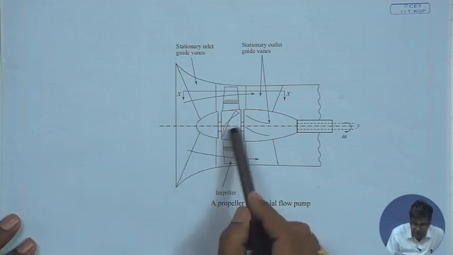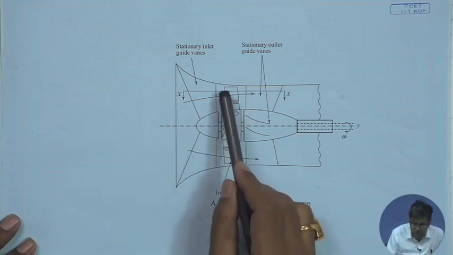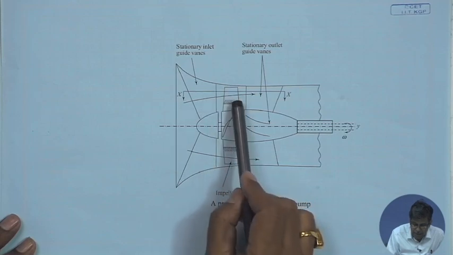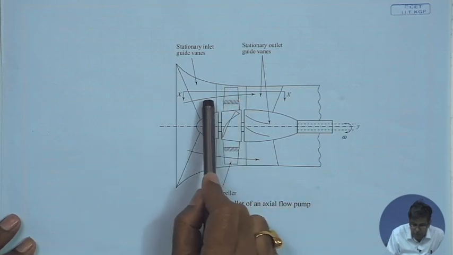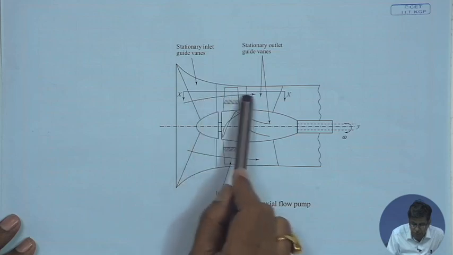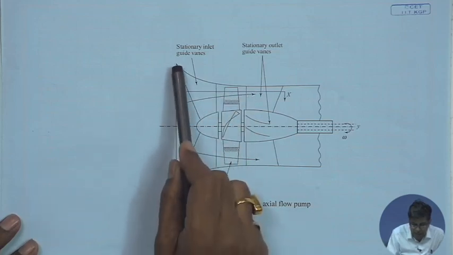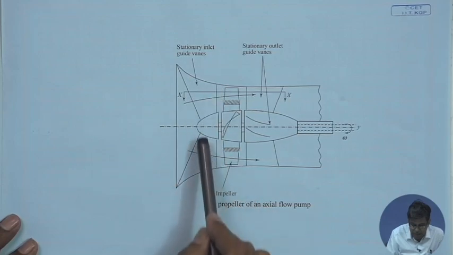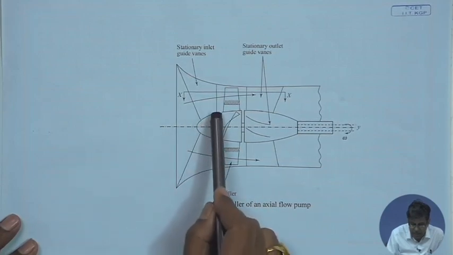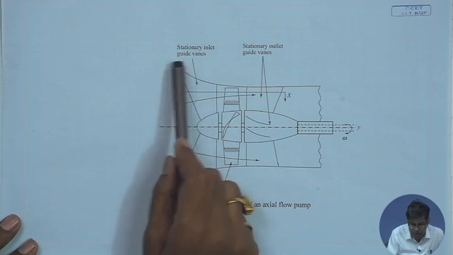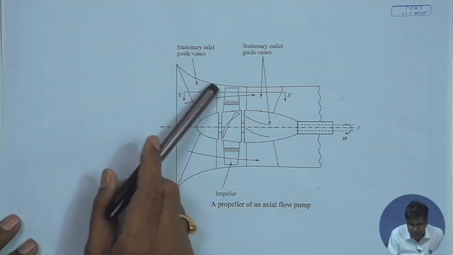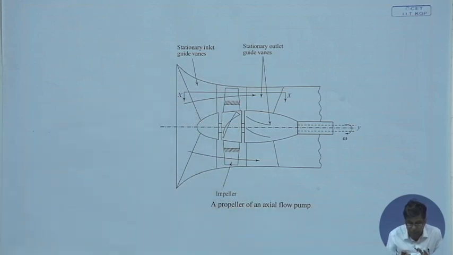The rotor rotates, and these blades are mounted in a way that the water flows axially through them. There are inlet guide vanes fixed to the casing, stationary. Here we see a frontal view.